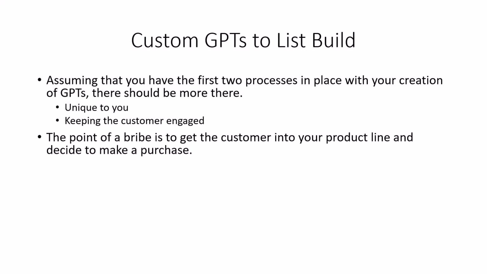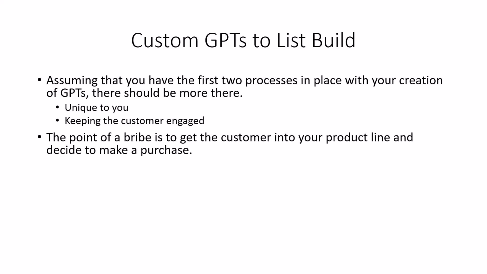Now, the point of an opt-in bribe. What's the point of an opt-in bribe? It's to get the customer into your product line and decide to make a purchase. Here's something that information marketers, quite frankly, have kind of forgotten in a rush to teach that you need to have an opt-in bribe. Just to get somebody on your list means nothing. Well, we don't want to have people on our list. That's not the point.